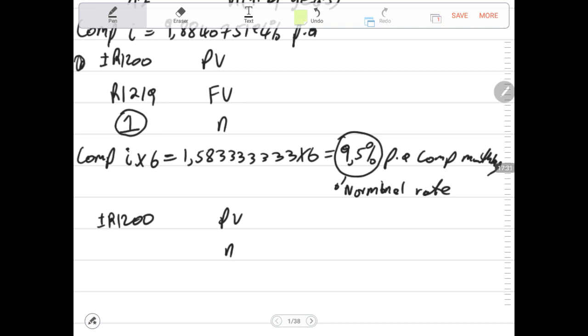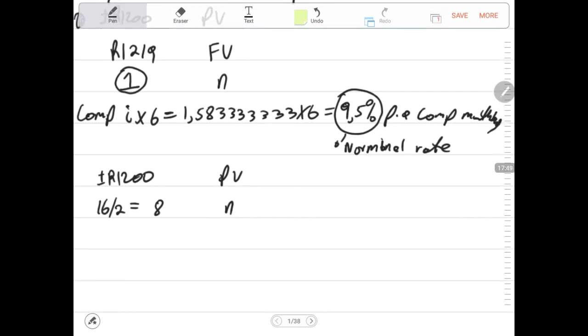It will be 8 times. So our n will be 8, which is 16 months divided by 2, because there are 8 times in 16. Then we have our interest. Our interest is 9.5%. And we divide this by 6.